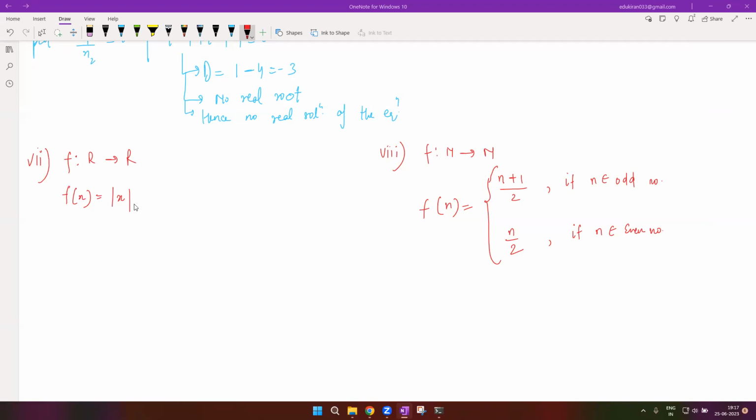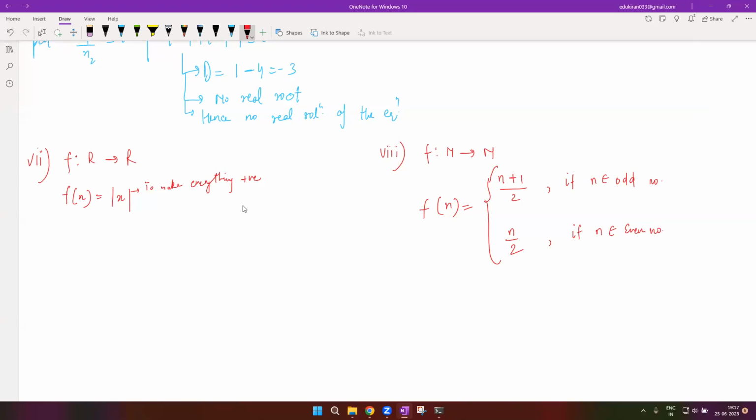So the job of modulus, or the objective of these bars, is basically to make everything positive. If there is something inside it which is negative, it will convert that negative thing into positive.